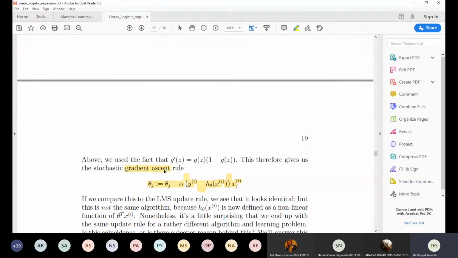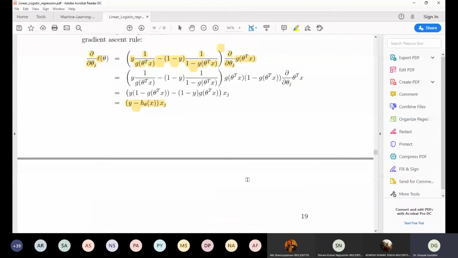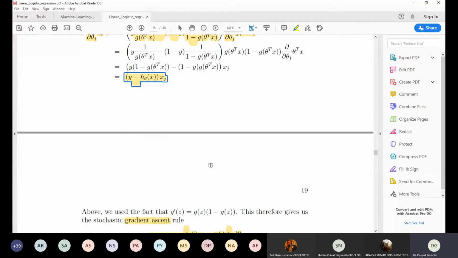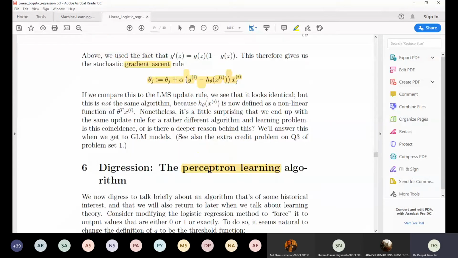Gradient ascent maximizes it, and we will get the same output, that is theta j plus alpha times yi minus h theta into xi. That is the LMS rule. We have computed this with the log likelihood function. This thing we have already done.